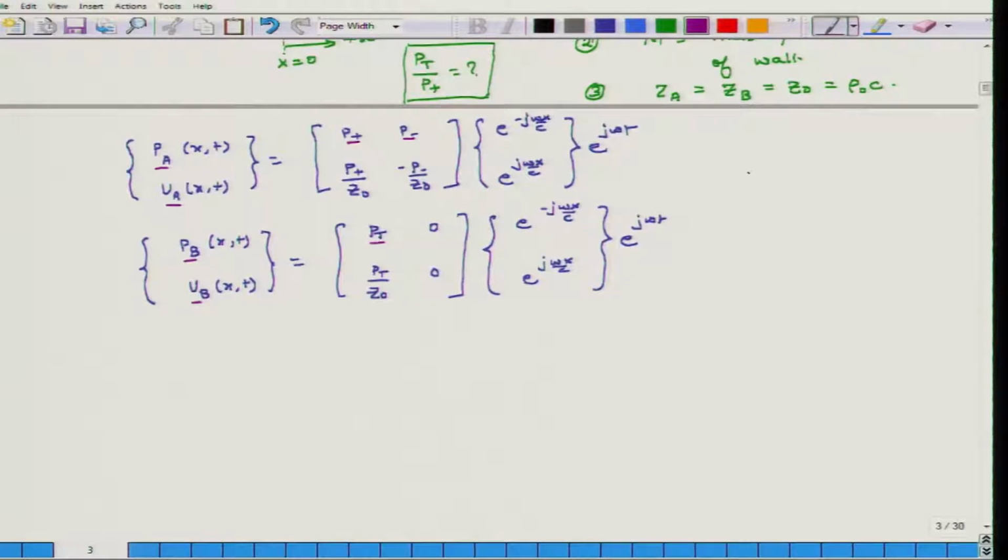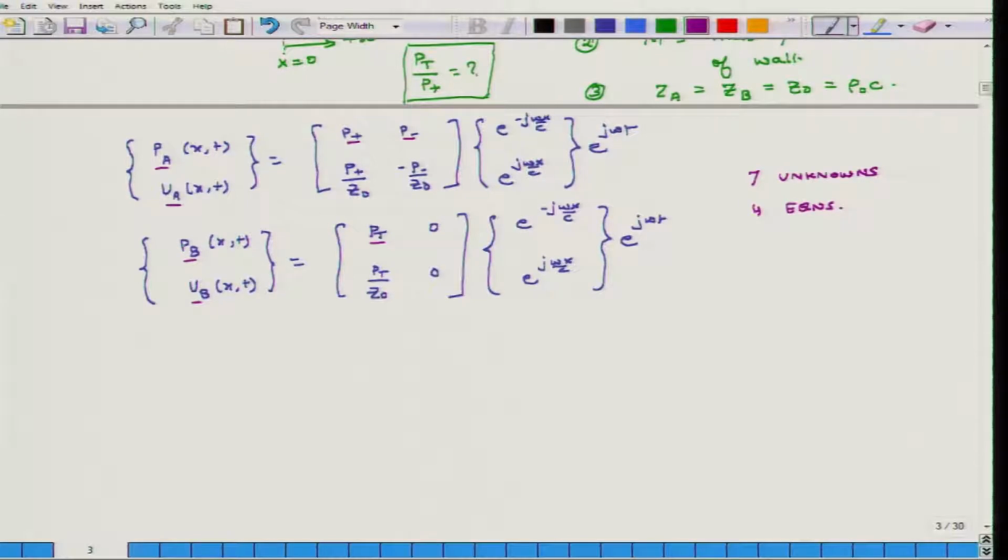So, a total of 7 unknowns, and 4 equations. Okay. So, if we have to find all these unknowns, then I have to know 3 extra conditions.